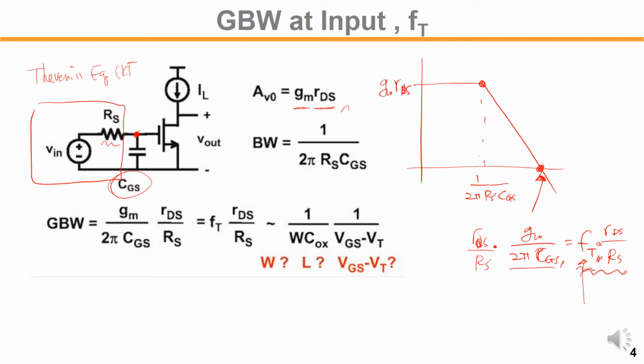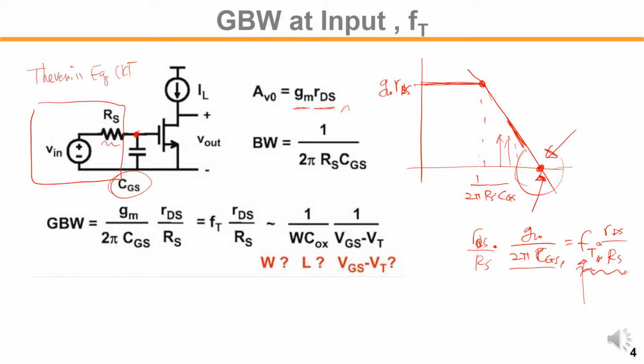So in reality, what you really need to care about is this frequency, because at high frequency you will see some of the gain around here at midband, but once your input frequency goes beyond that point, you will not get any signal going into the amplifier.